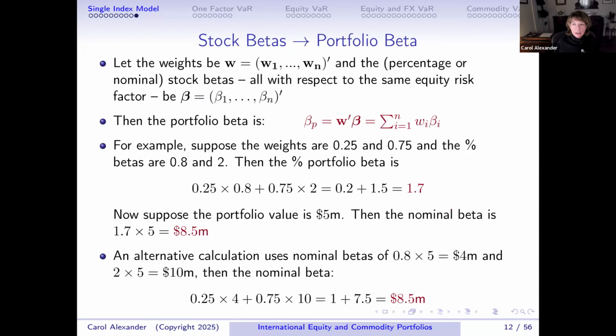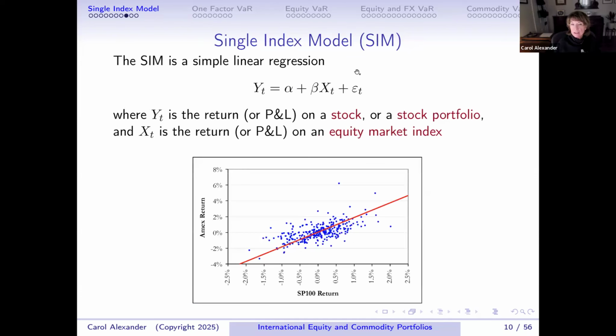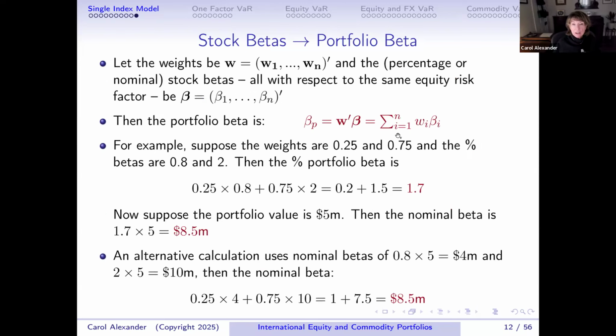Here we're talking about one equity risk factor, but you've got different stock betas, and you want to find the beta of the portfolio. And so you can get each individual stock beta using this single index model, or using this here. And then when you've got the stock betas, you just take the weighted sum of all the stock betas to get the portfolio beta, which I've called here beta P.